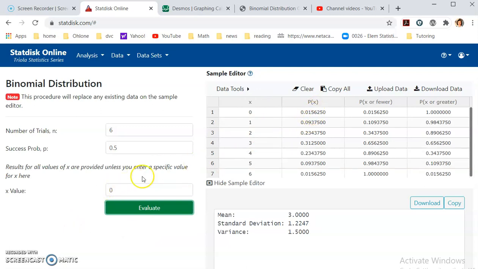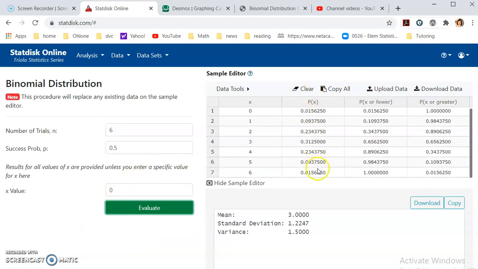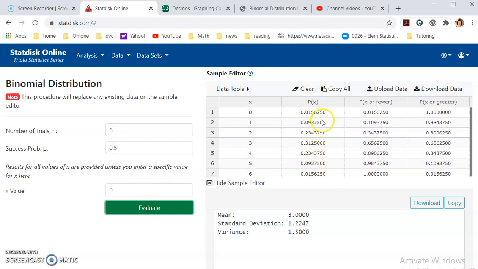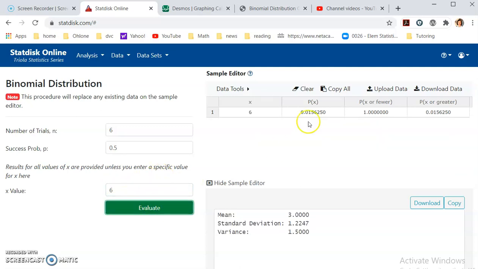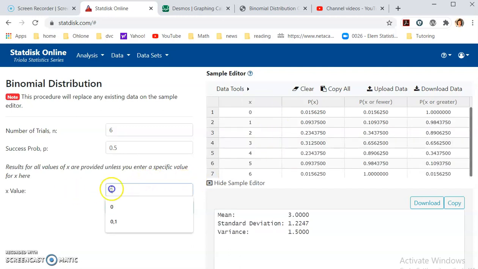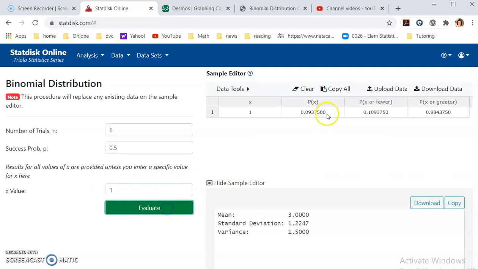If you use 0, they will give you a whole list of all of them, which is convenient in case you want something in between, and you can just pick them. But if you want a particular number like 6, they will just give you one number. If you do 0, they give you the whole table. If you use 1, 2, 3, they just give you one number. But in all cases, they give you x or fewer.